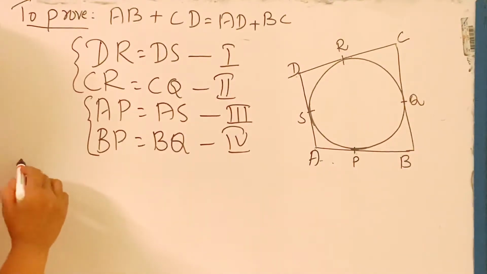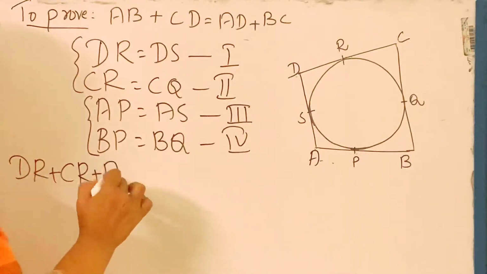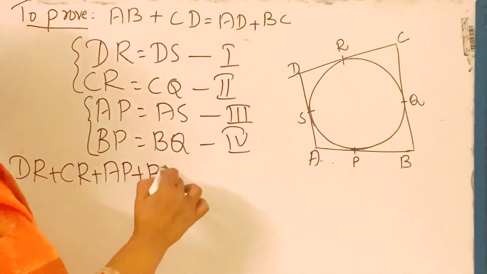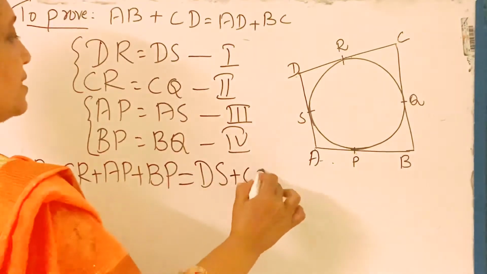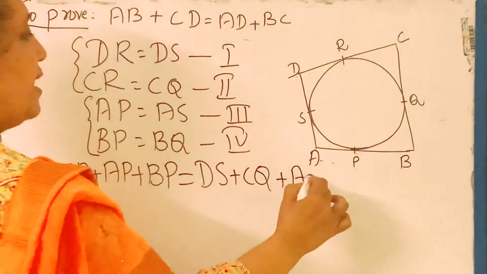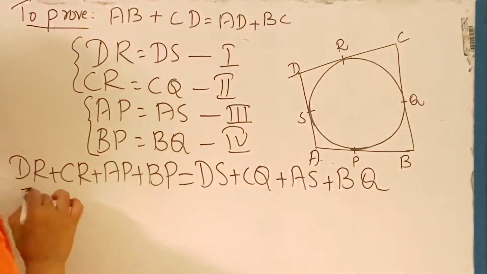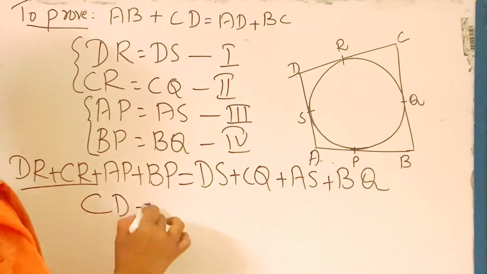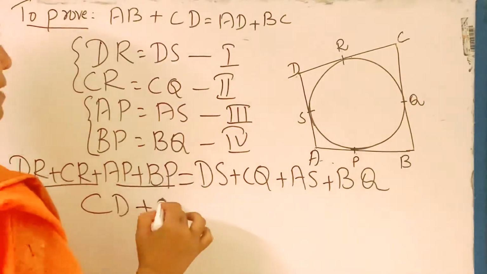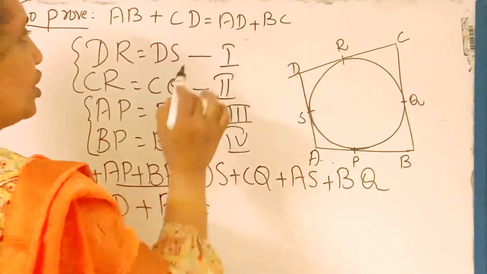Then what do you get? DR plus CR plus AP plus BP is equal to DS plus CQ plus AS plus BQ. DR plus CR is CD. AP plus BP is AB. Then here we want AD.